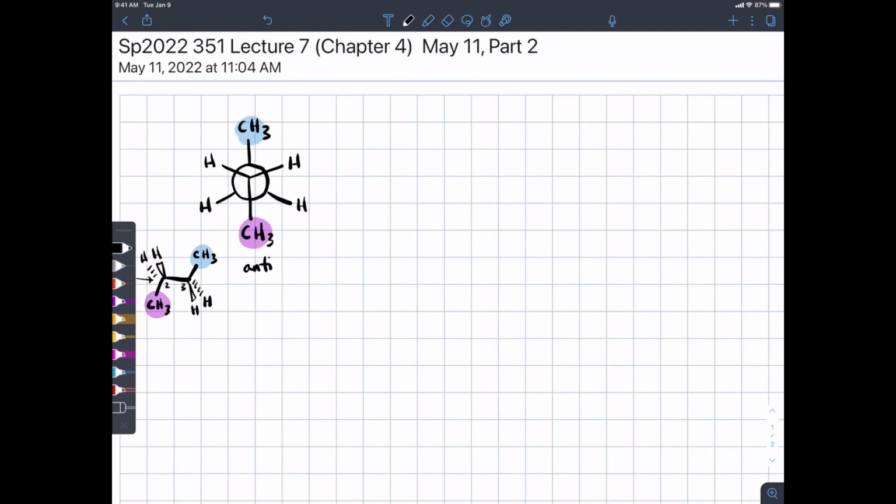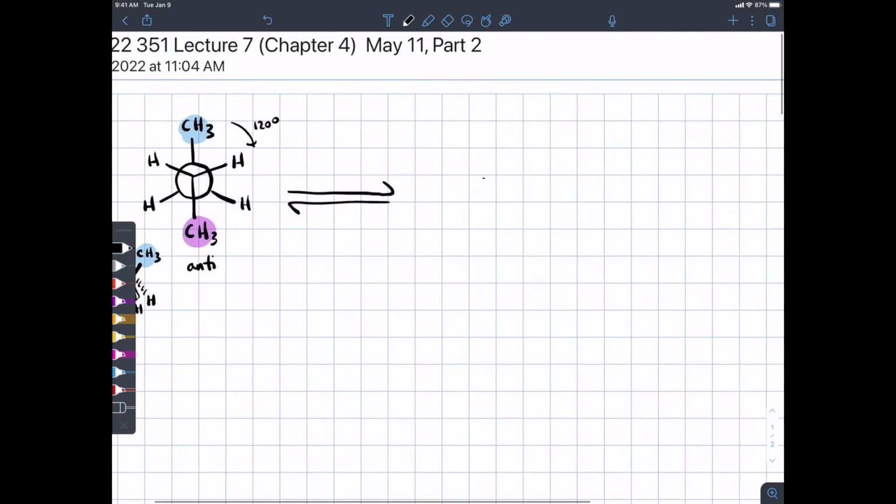Now, let's imagine rotating the carbon in the back by 120 degrees. And let's show what that new conformation would be. The carbon in the front is going to remain unchanged, but now the blue methyl group in the back is going to be gauche to the purple methyl group in the front.